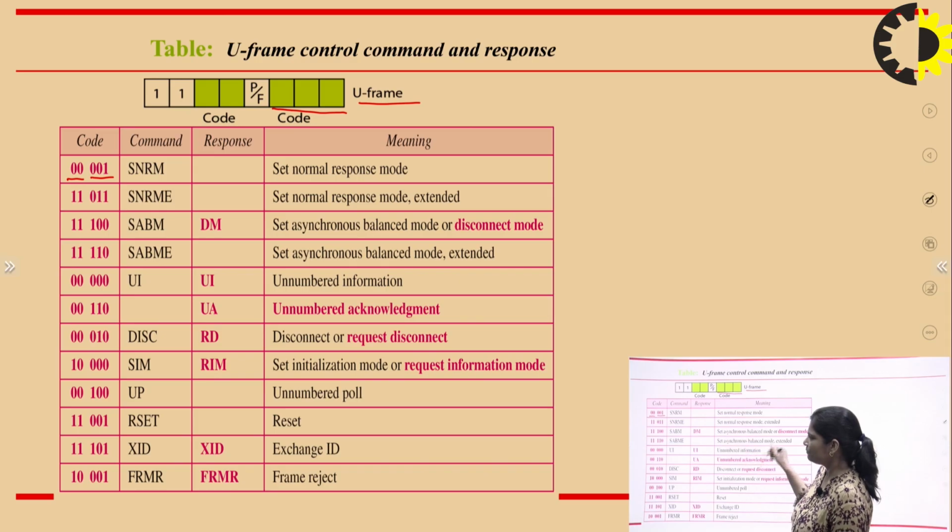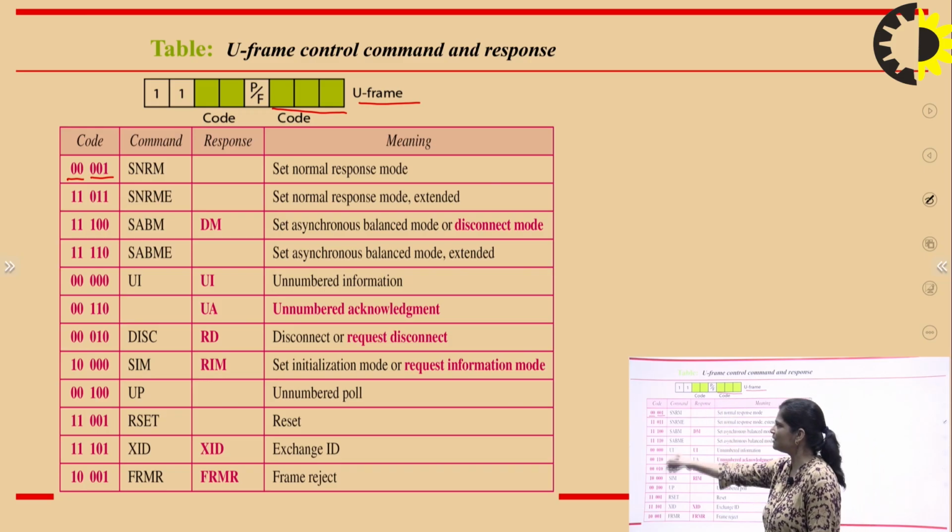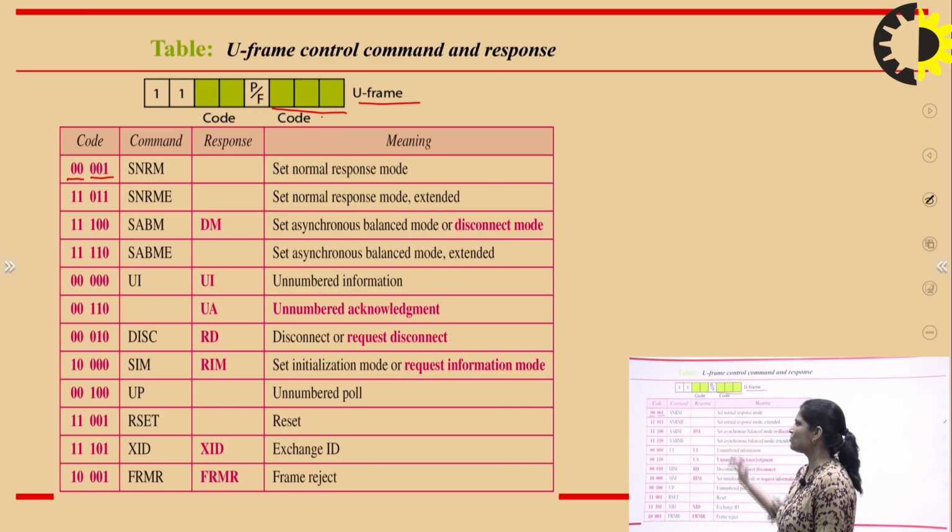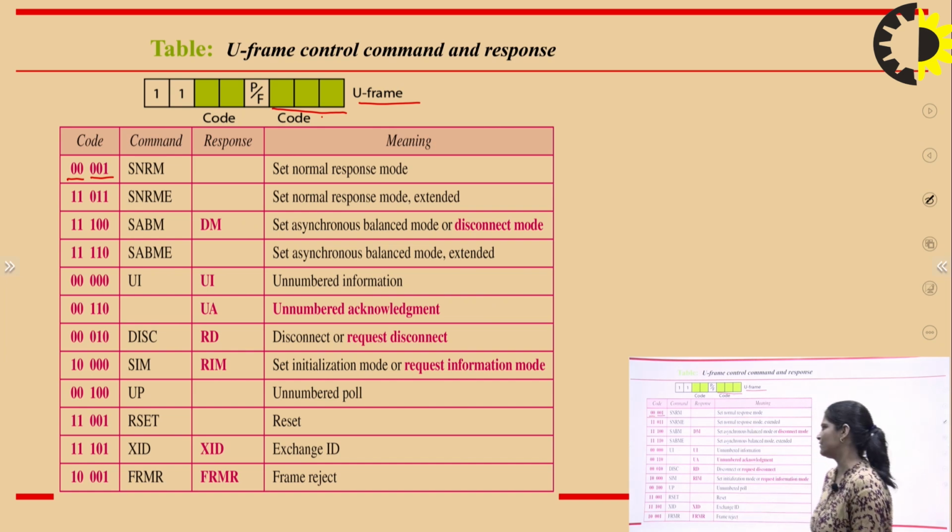Based on this mode, we will later discuss an example of how we send data from sender to receiver using this SDLC frame format. So these are the codes we have. If these bits are used for these codes, then these are the responses for them.